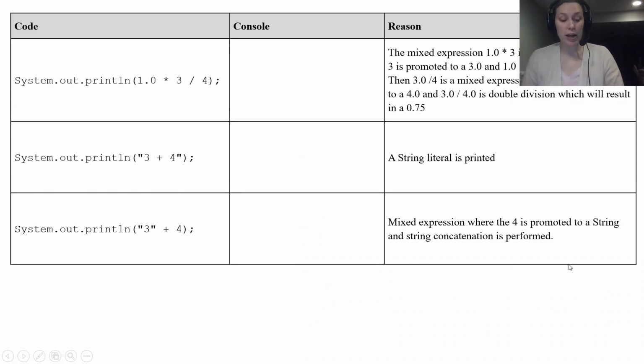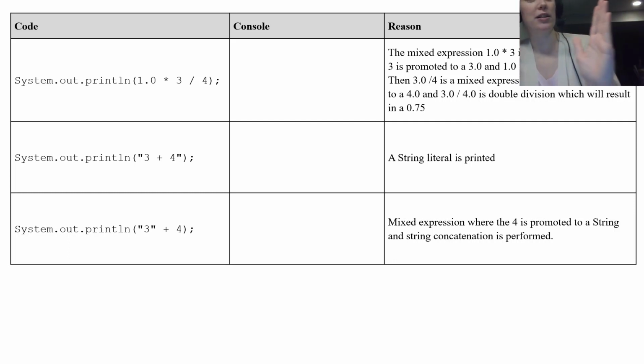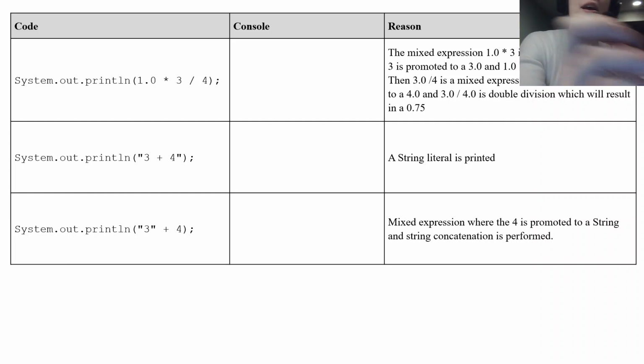We got a couple more here. Now we have one more mixed expression, but then we're going to start mixing some string literals here. So for this one, 1.0 times 3 divided by 4. Okay. So multiplication, division, what happens first? It all depends on what's there, left to right. Okay.